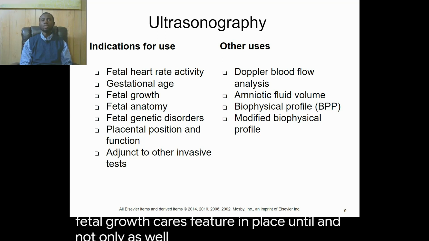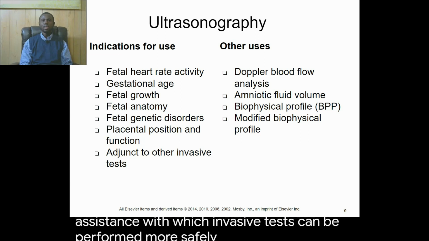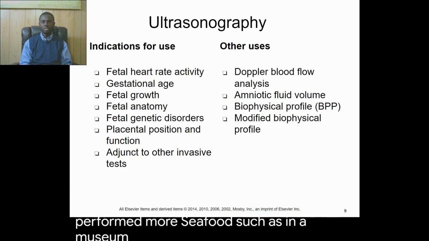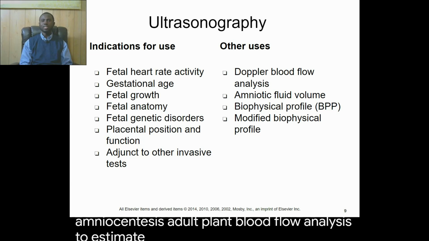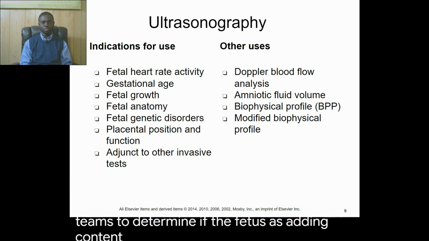as well as fetal well-being and visual assistance with which invasive tests can be performed more safely, such as in amniocentesis. Another benefit of ultrasound is to perform a Doppler blood flow analysis to estimate placental sufficiency, or in other terms, to determine if the fetus has adequate blood supply.